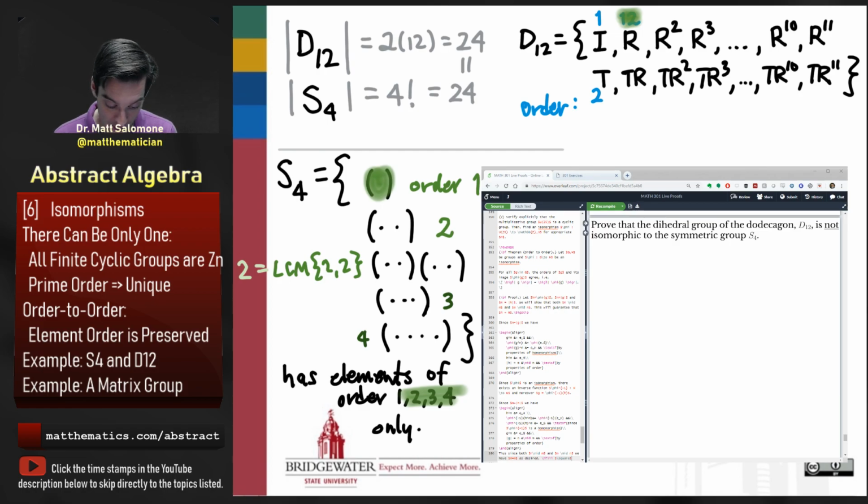And so our proof here that D12 is not isomorphic to S4 can be merely that D12 has an element of order 12, namely r, but S4 does not.